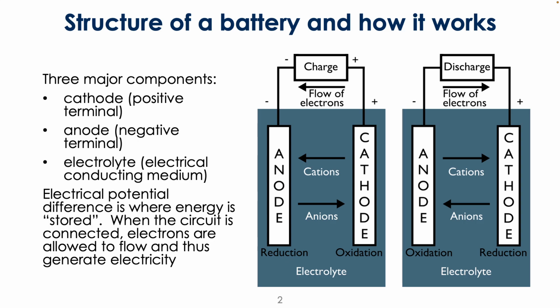And the way that a battery works is that there are sort of free-flowing ions that travel in the electrolyte. And as these travel, they can actually induce electrons to flow between the cathode and anode, which is what is actually generating electricity.